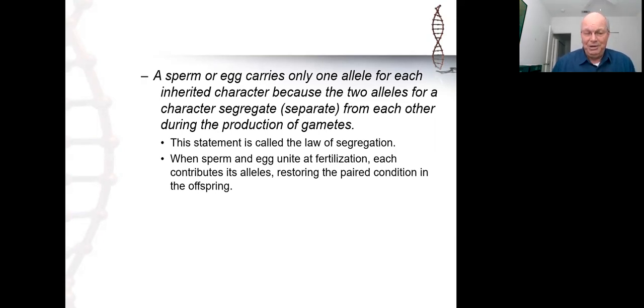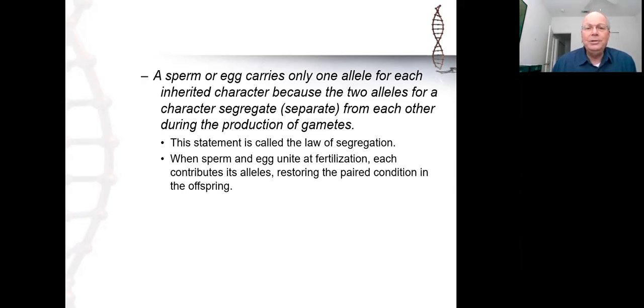So there will be gametes that, in the case of flower color, have the purple allele, and there'll be other gametes that have the white allele. That's the whole basis behind Punnett's square, as we saw earlier. That separation, that segregation, is simply the basis for Punnett's square.